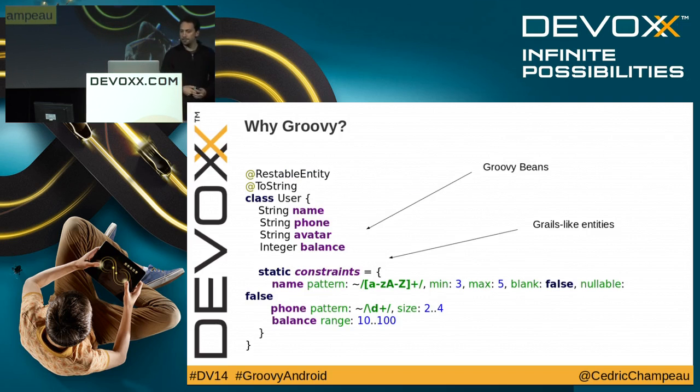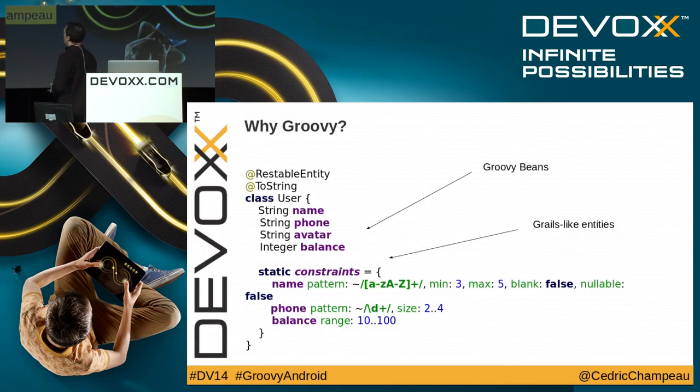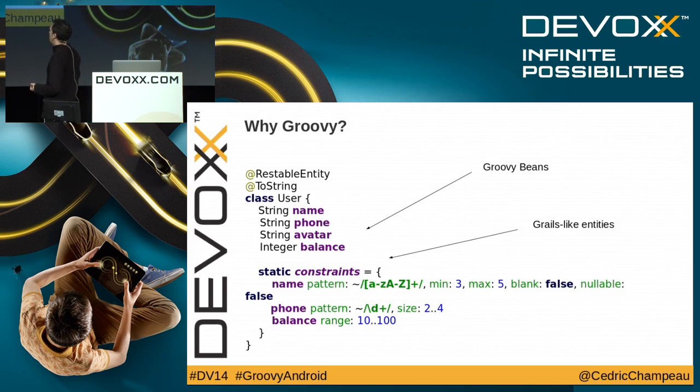Another example here. This one is actually work in progress by someone in the Groovy community. It illustrates several capabilities of the language. First, you can see that we have properties by default in Groovy. If you don't put any modifier like public, it's a property. So it's a Groovy bean, which means that you have the setters and getters generated for you.